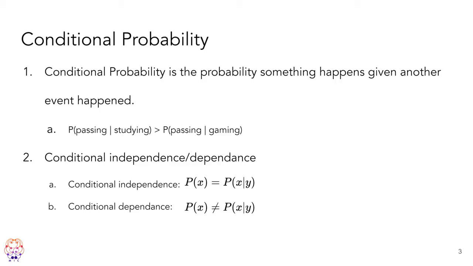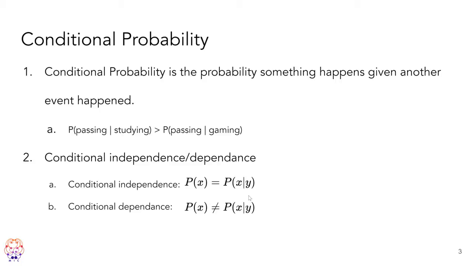Another important thing to note is conditional independence versus dependence. This is just the basics, where conditional independence means the probability of x is equal to the probability of x given y. This means that the probability of x does not change depending on whether y happens or doesn't happen.